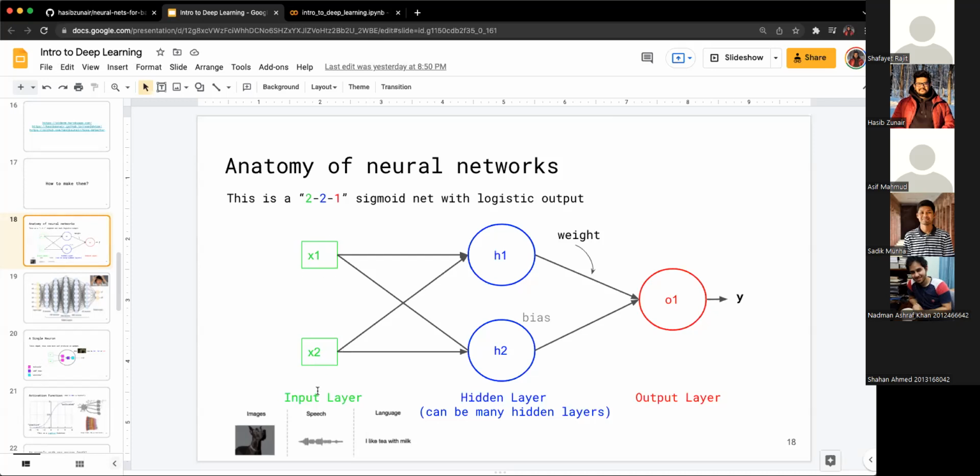So this is defined as the input layer. And then over here, highlighted in blue, we have what is called a hidden layer. A hidden layer can be one layer or it can be many layers. The term deep neural networks comes from this idea that when you have a bunch of hidden layers, let's say maybe over 10 or over 50, then you call them deep neural networks.